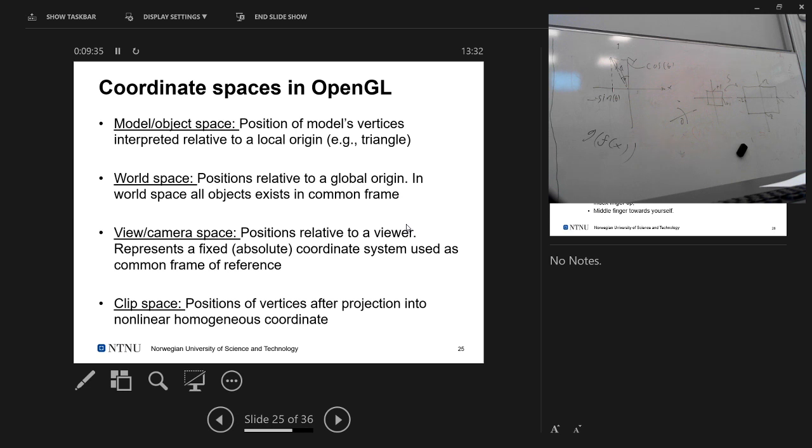And then, of course, you have the camera space. You're viewing. You will always have to view in one direction, either through your eyes or your camera, right? Now, here they say it represents a fixed absolute coordinate system. In the real world, if you want to look somewhere, you have to move around with the camera or whatever, because the world is staying fixed and you're moving around in it.